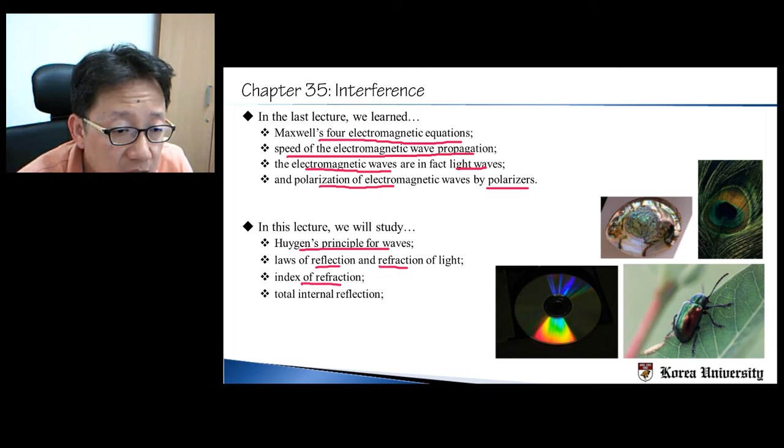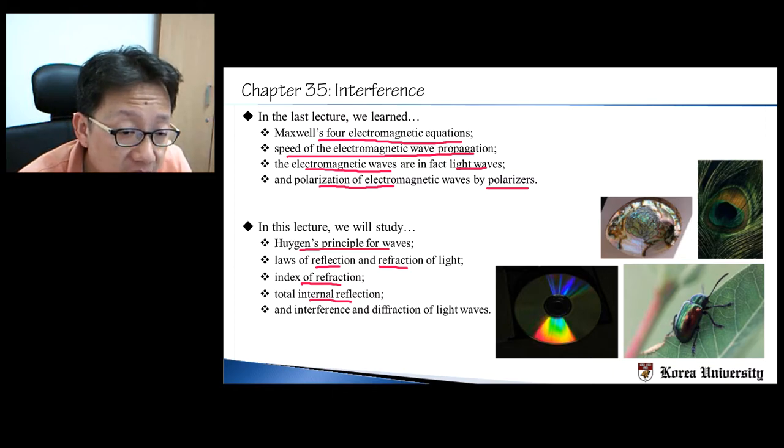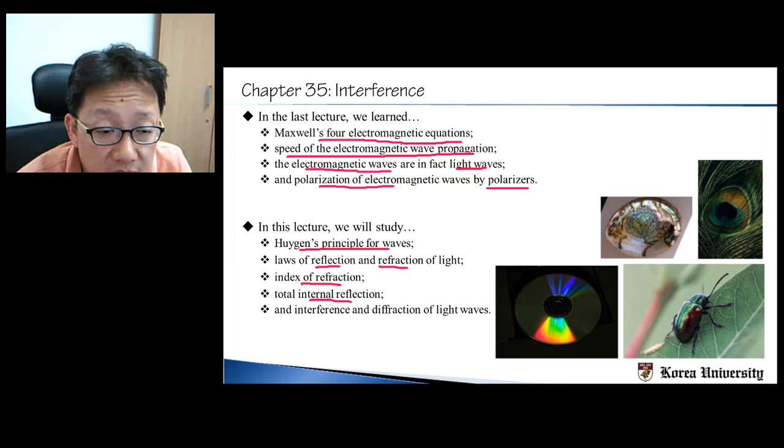We will also study the phenomenon called total internal reflection. And finally, we will discuss interference and diffraction of light waves. Of course, diffraction is what we are going to study in detail in the next chapter, but in the last part of this chapter, we will see the simplest case of interference and diffraction.